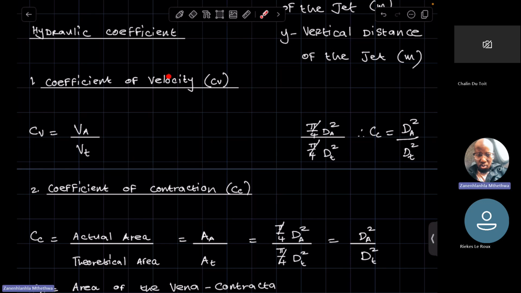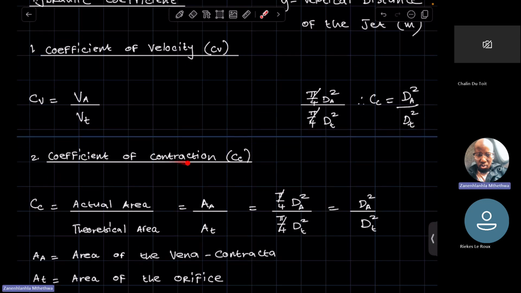So when I say hydraulic coefficients, how you express them mathematically will always be in terms of actual as the numerator and theoretical as the denominator. Hence, CV, the coefficient of velocity, is the actual velocity divided by the theoretical velocity. And the coefficient of contraction? Contraction refers to the changes in diameter.